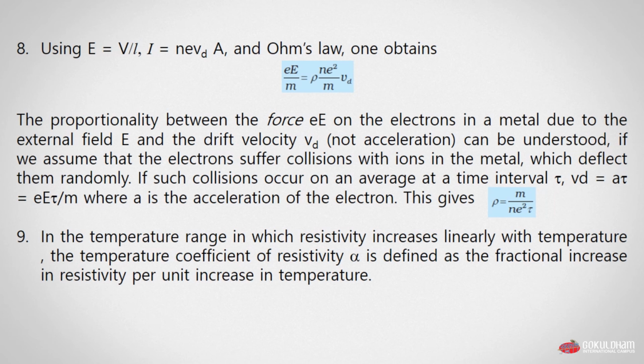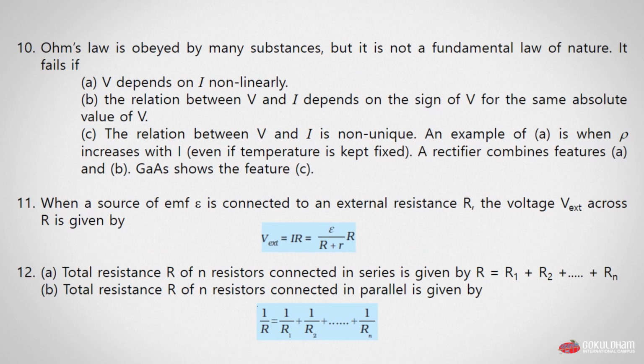Ninth, in the temperature range in which resistivity increases nearly linearly with the temperature, the temperature coefficient of resistivity α is defined as the fractional increase in the resistivity per unit increase in the temperature. Tenth, Ohm's law is obeyed by many substances, but it is not a fundamental law of nature.